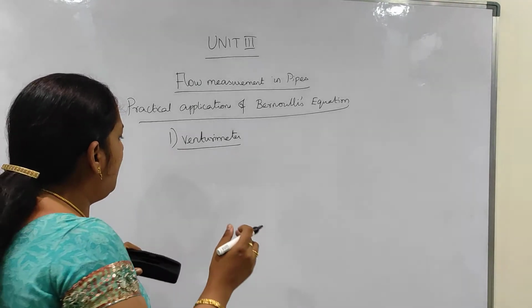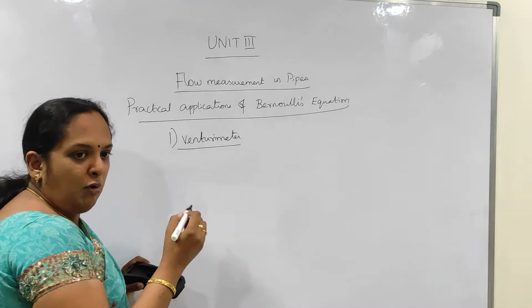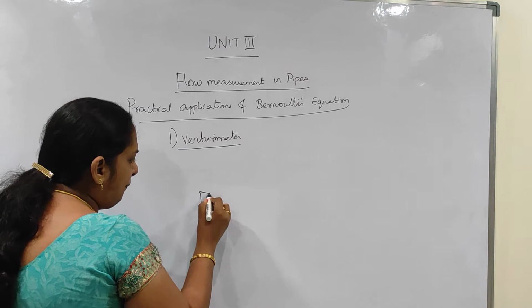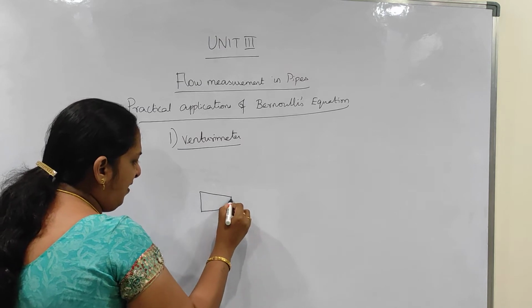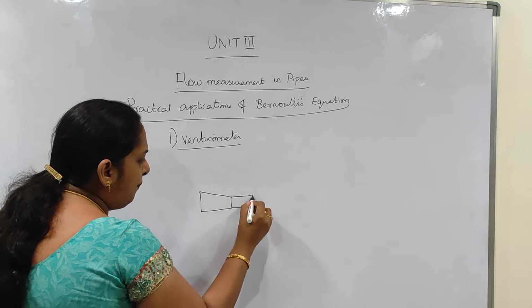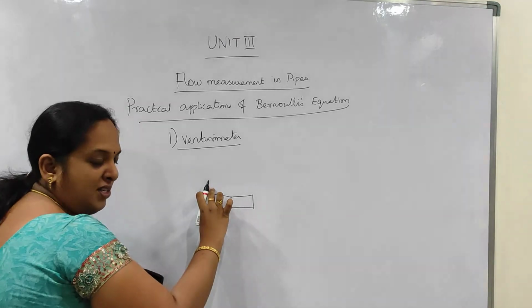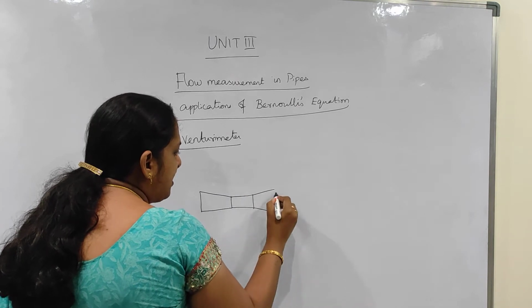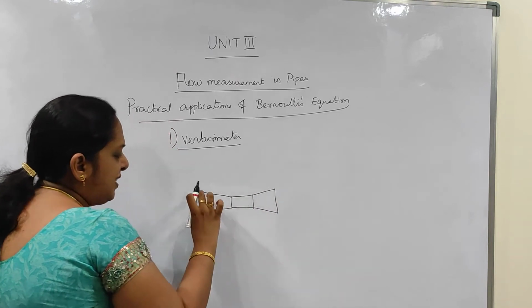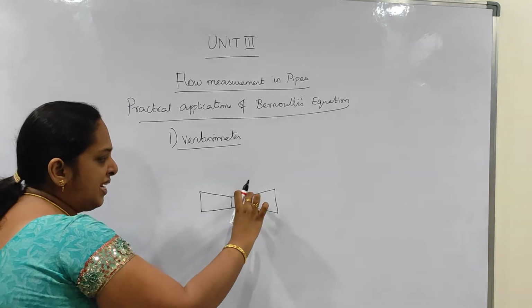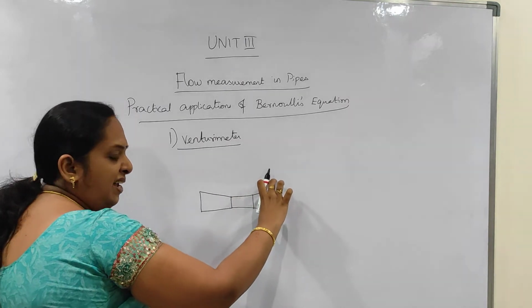Now what does this venturi meter consist of? It is a device which consists of the following: one is the convergent section, another is the throat, and the other is the divergent section. Here this area gets converged, that is, reduced in size, and this area gets diverged.